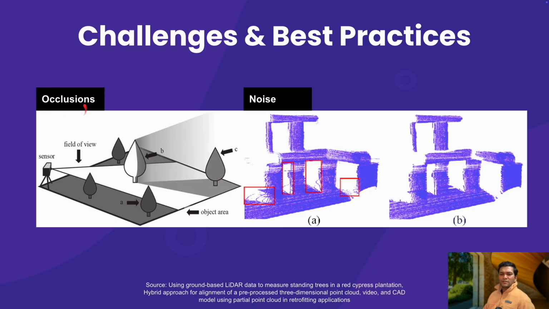Now, let us understand what occlusions are. Consider you're walking into a room and there's this huge sofa in front of you, behind which is a small chair. You are unable to see the chair since it is not directly in the line of sight. The same problem when faced by a LiDAR is called occlusion. As shown in this image, we see the LiDAR sensor placed towards the left side of the scene.